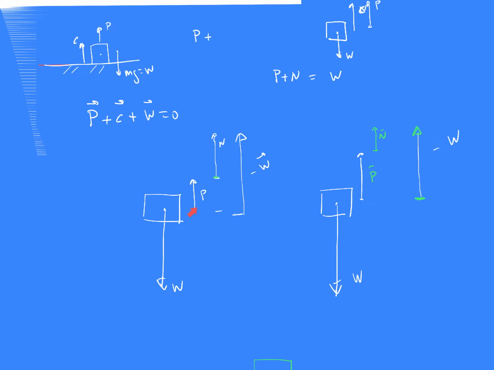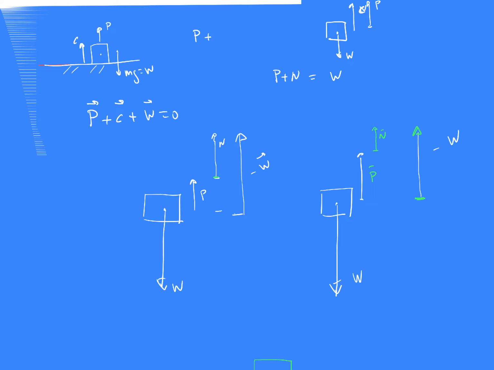So if the lady pulls up with 1 newton, the normal force will be 9 newtons, in a way that 9 plus 1 balances the 10 going downwards. If the lady is pulling with 8 newtons, now the normal will be 2 newtons. It will decrease. So you see the picture: the weight is fixed. If P is increased, the normal has to decrease.